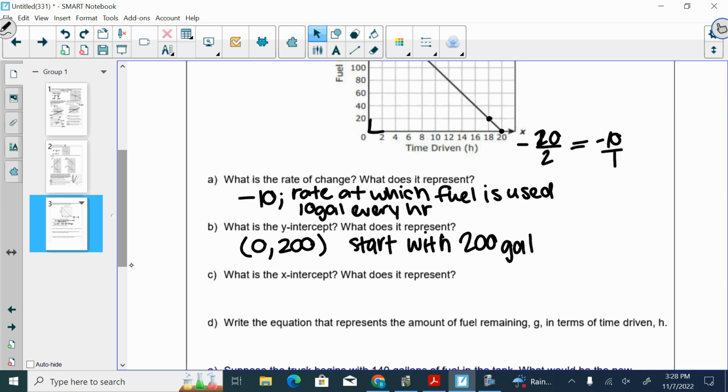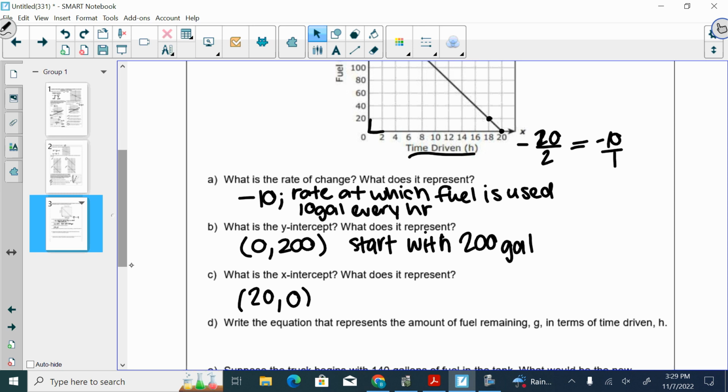Okay, then they ask for the x-intercept, which means where it touches the x. Very good. So where does it touch our x-axis at? What number? 20. Okay, so remember x goes first, so this one would be 20, 0, right? Okay, so my x-axis is representing the hours driven.